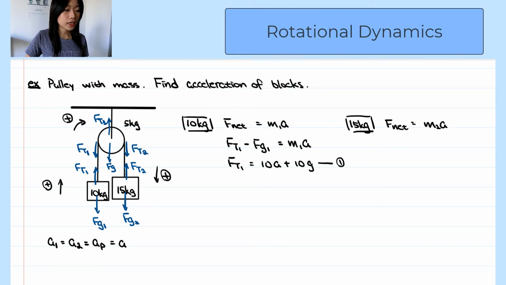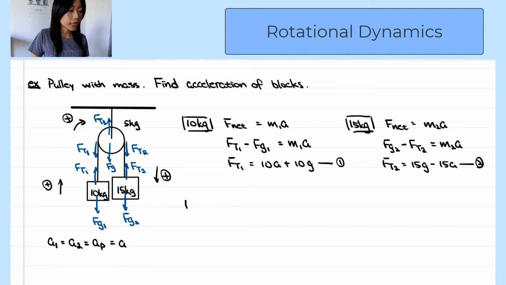So F net is gravity 2 minus tension 2, and this equals mass 2 times a. Again, let's isolate for tension. So tension 2 equals 15 times g minus 15 times a. And let's call this equation 2.